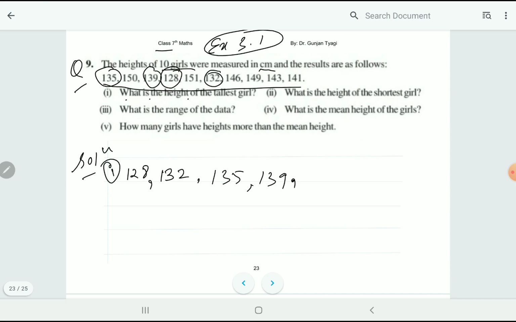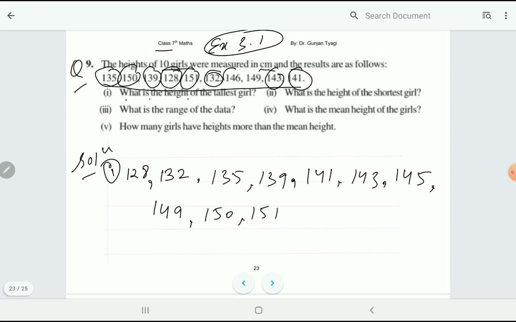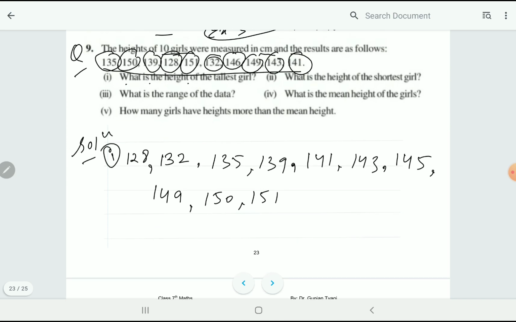After 139 there is 141, then 143, then 145, then 149, then 150, and then 151. So this is the rearrangement of the data in ascending order.